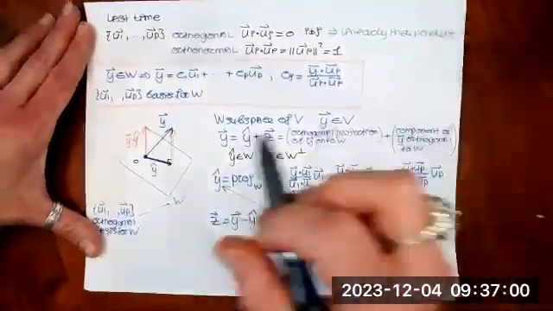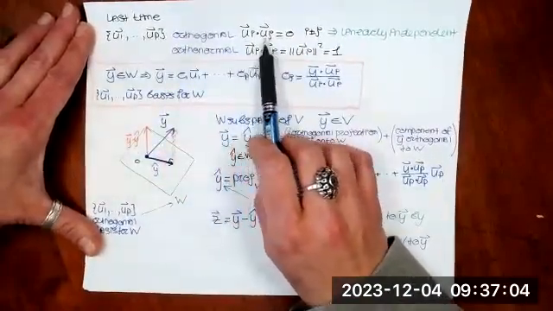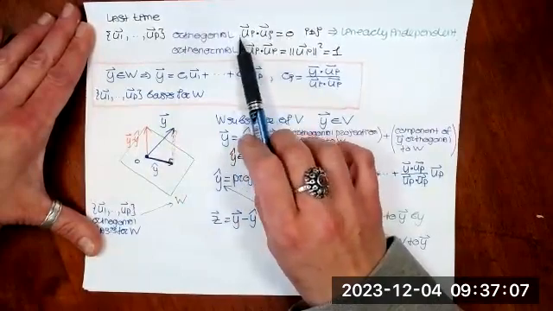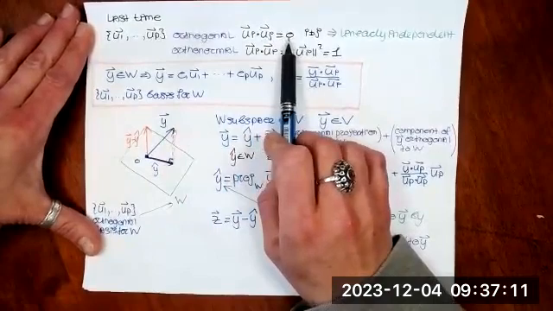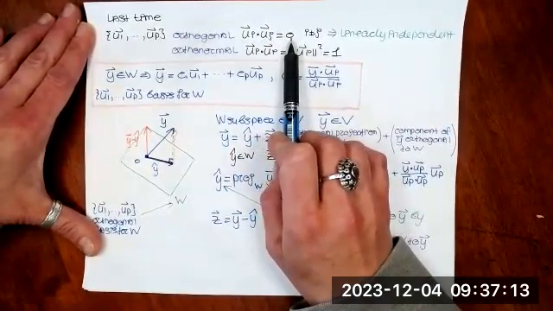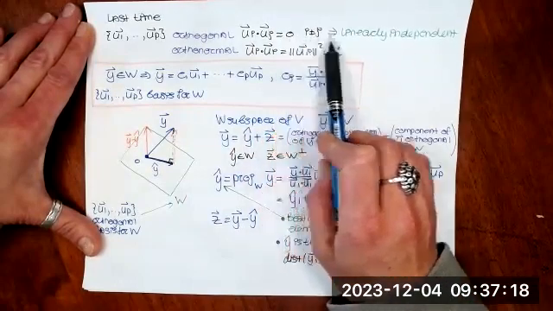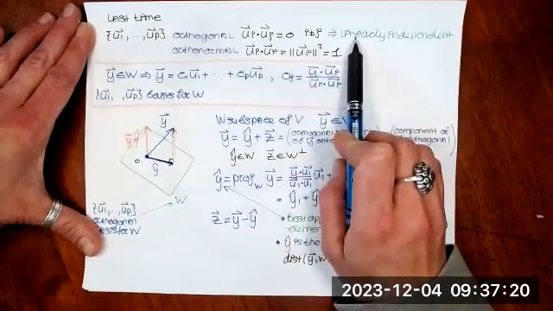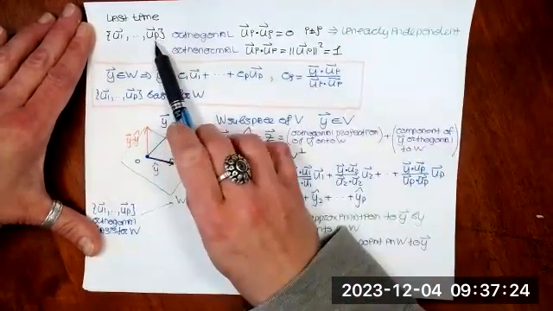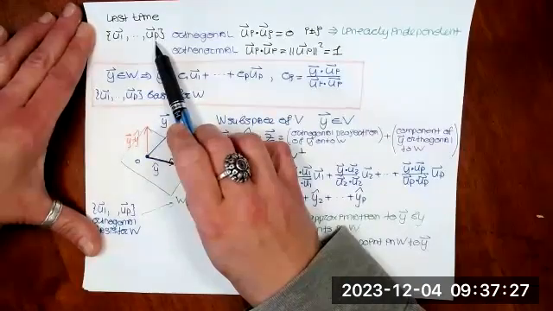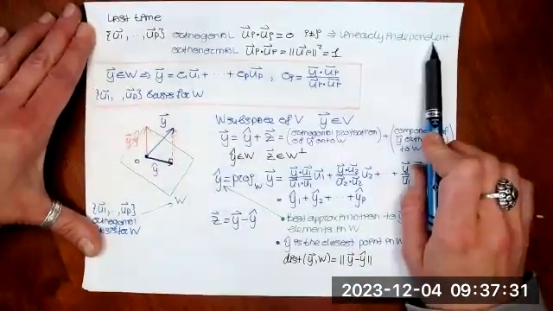For the review, a set of vectors is called orthogonal if they're all mutually orthogonal, right? So for sets of two distinct vectors, the dot products are 0. And we showed that if the set is orthogonal, it necessarily is going to be linearly independent, right? So if you find an orthogonal set with p vectors in a subspace of dimension p, then it's automatically also going to be a basis because it's automatically linearly independent, right?